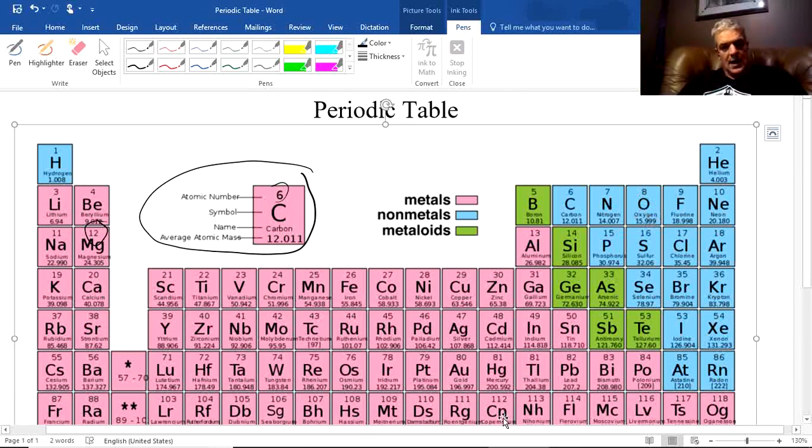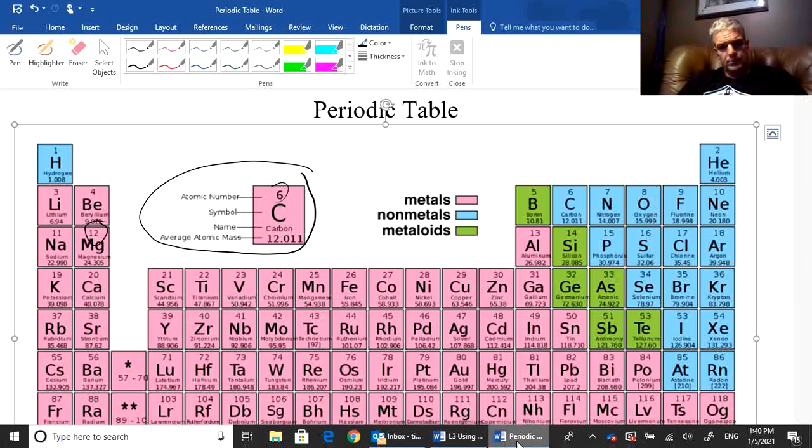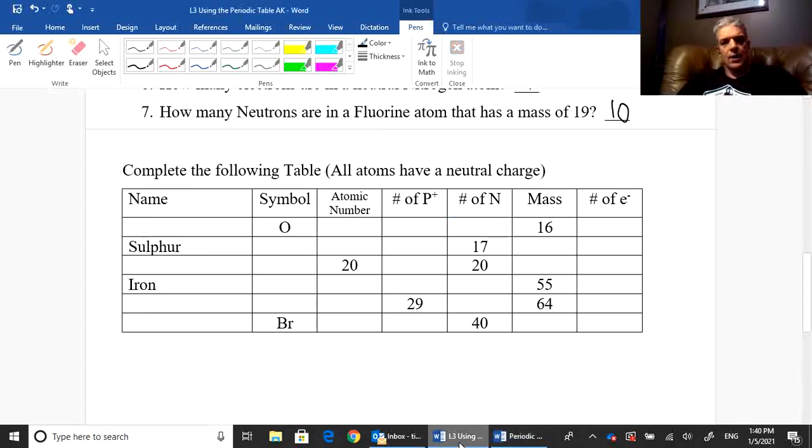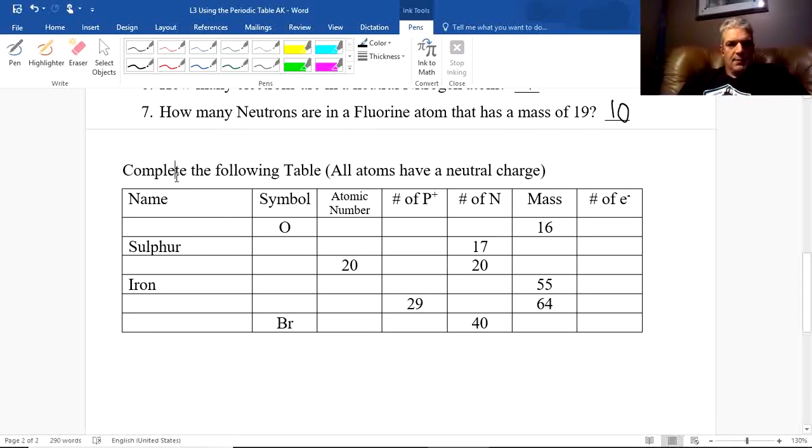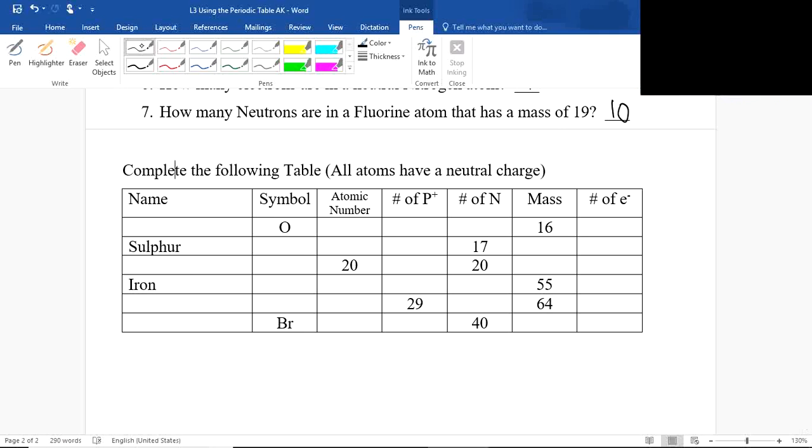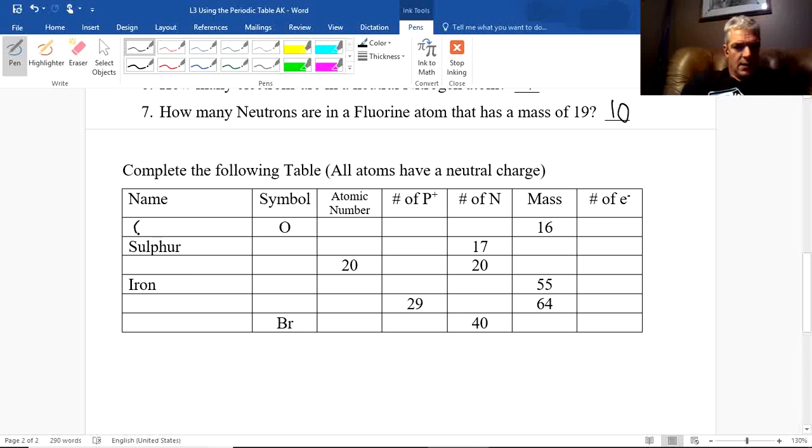So I can write oxygen in. And I also know the atomic number is 8. I'm going to make my life a little bit easier here, and write oxygen in here, and the atomic number is 8.